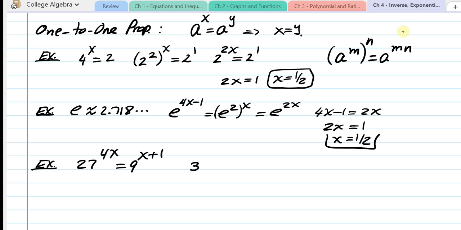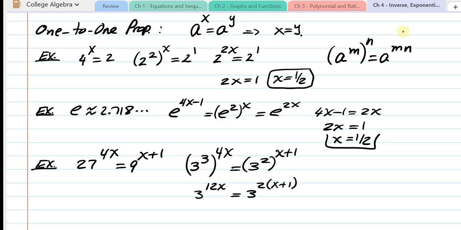So 27, I can write in base 3 as 3 cubed, right? And 9 in base 3 is 3 squared, with x plus 1 as the exponent. And then I can apply the power rule. 3 times 4, the exponent on the left side becomes 12x. And on the right side, I have 2 times x plus 1.